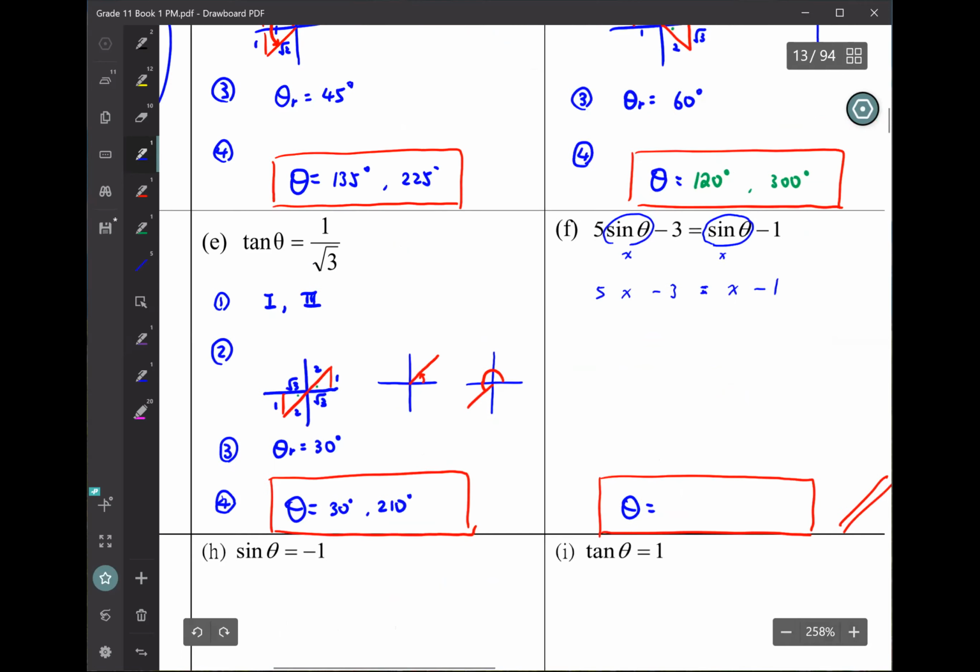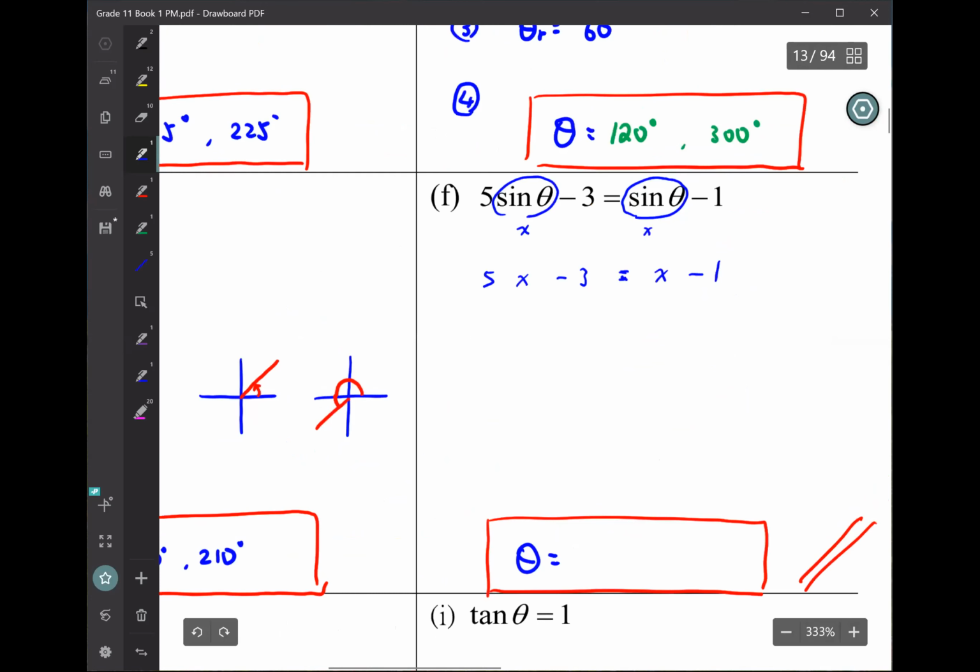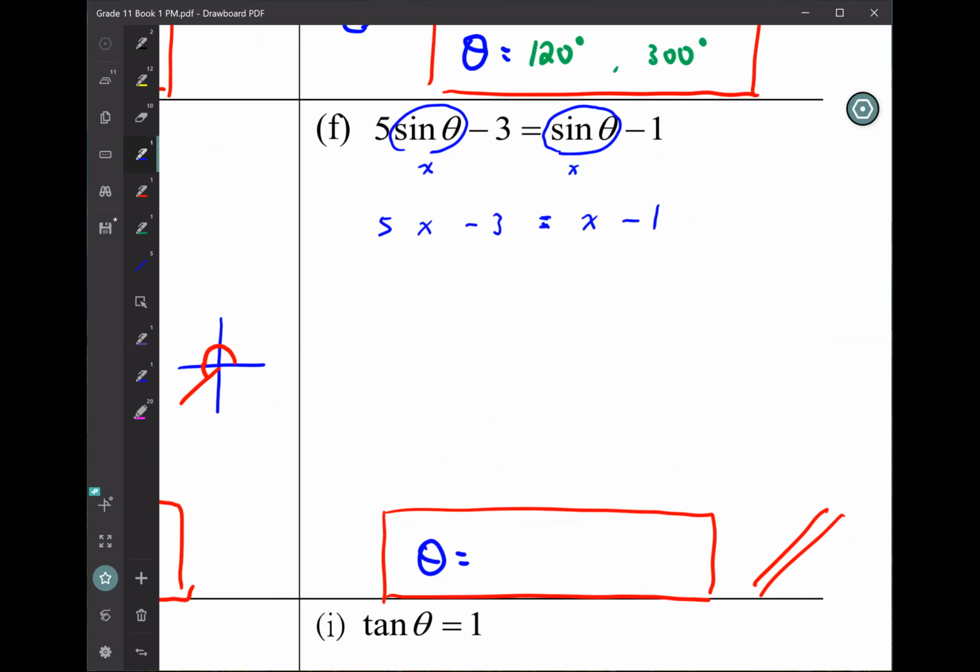All right, so F is the one that you need to do some pre-work, right? Preparation before you begin. So how do we do this? Okay, let me erase this first. So how do we turn this into sine theta equals something?